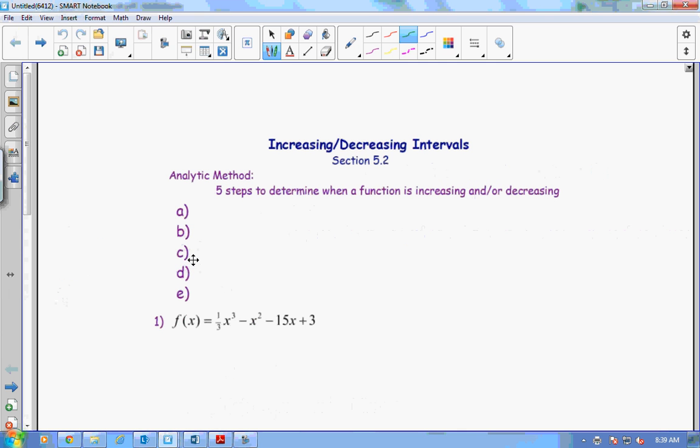Okay, to determine if the function is increasing or decreasing, first we want to look at the domain. And we want to find the velocity function, which is finding dy dx. Find the critical points.